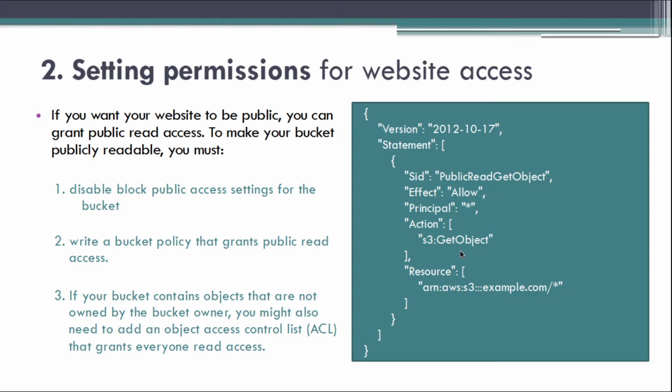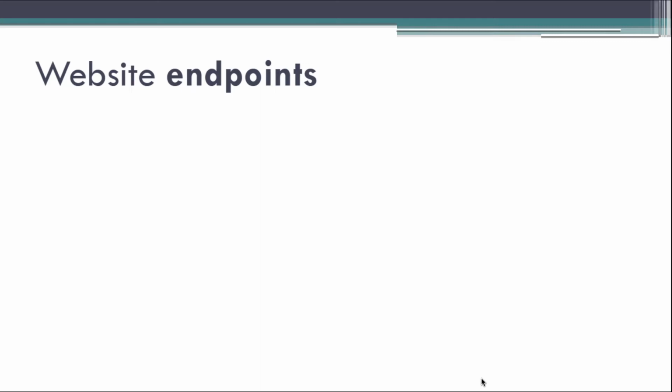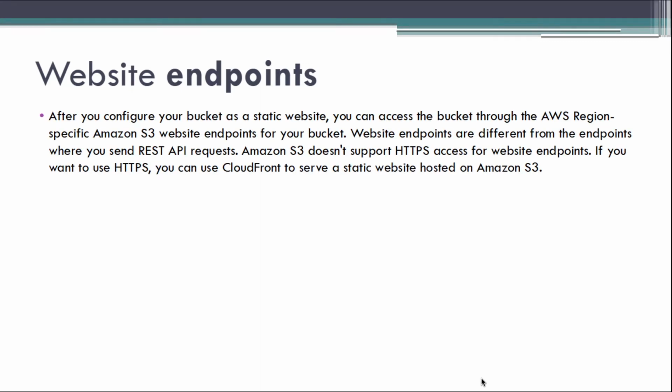So anyone can access your bucket. This is the read only permission to anyone. Okay, so this is a sample bucket policy. You can use this. So moving forward, website endpoint. After you configure your website as a static website, you can access the bucket through the AWS region specific Amazon S3 website endpoints for your bucket.